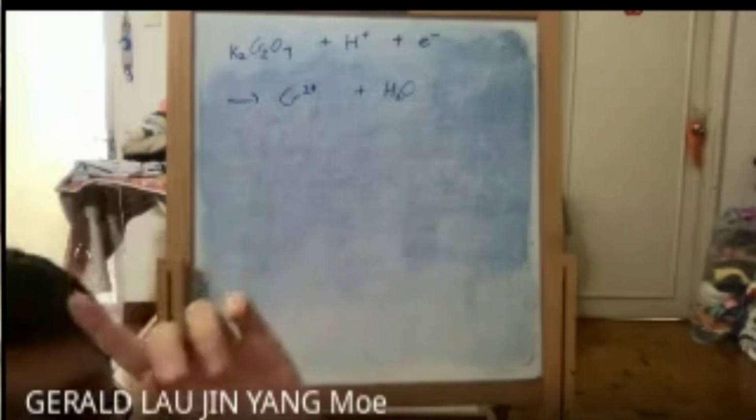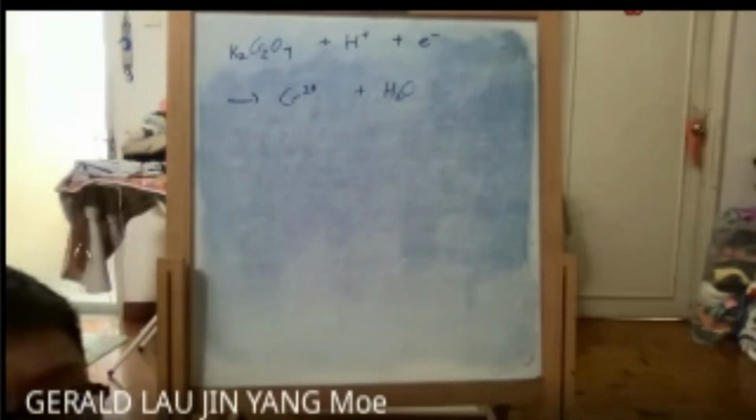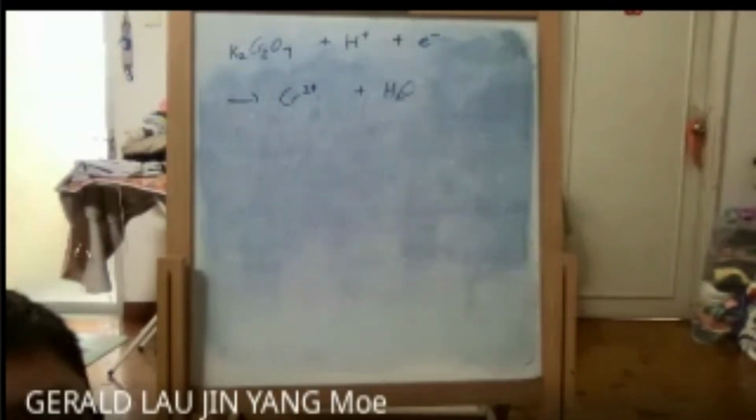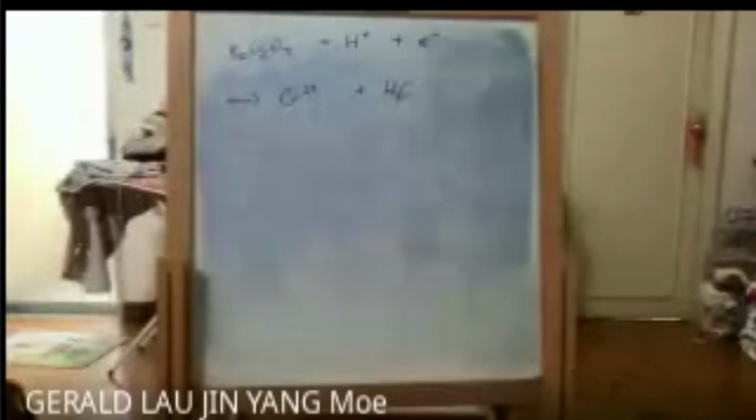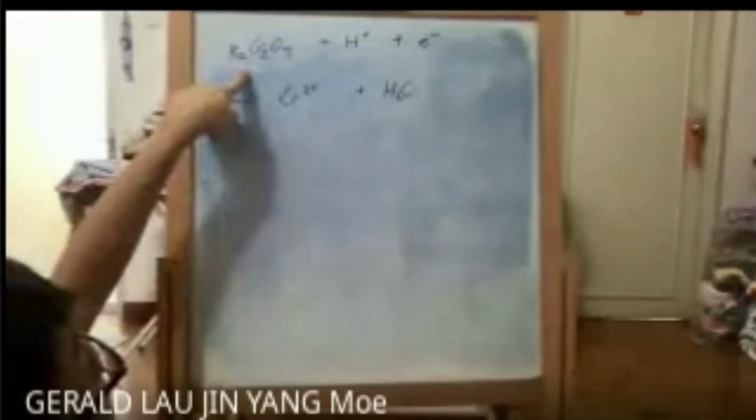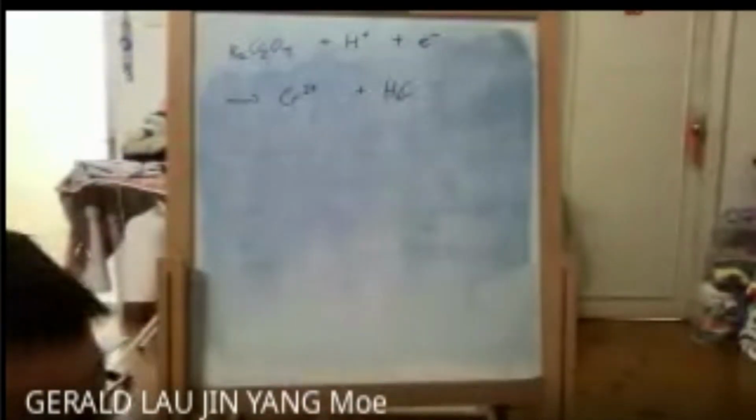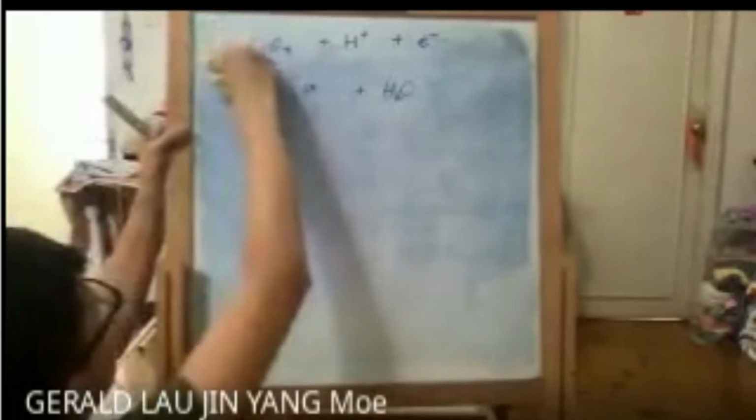What you do first, balance the upper part first. Balance the elements first. The potassium is actually a spectator ion, so I shouldn't write it here, sorry.